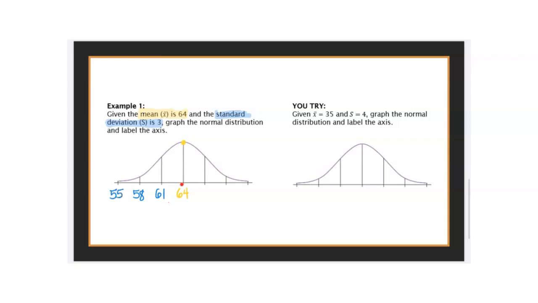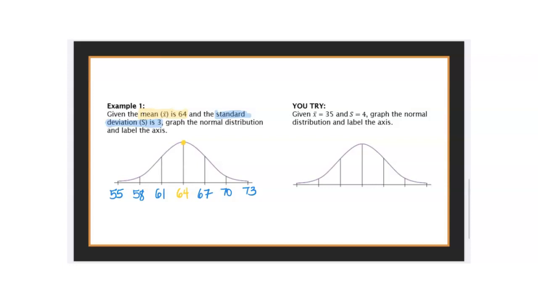So far we filled in the left-hand side of our normal distribution curve: 61, 58, 55. And now let's fill in the right-hand side. 64 is our mean, with a standard deviation of 3. So 1 standard deviation to the right is 3 more. 64 plus 3 gives us 67. 67 plus 3 gives us 70. And then 70 plus 3 is 73.